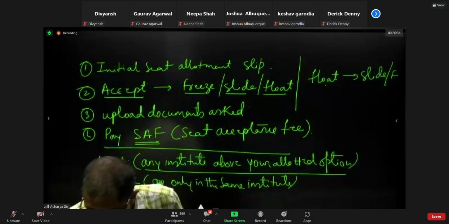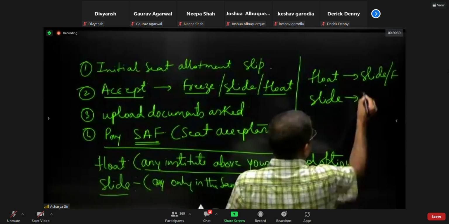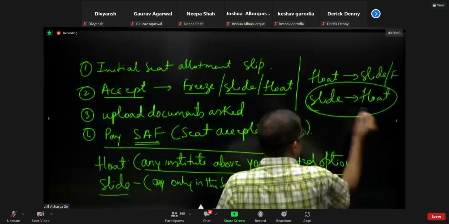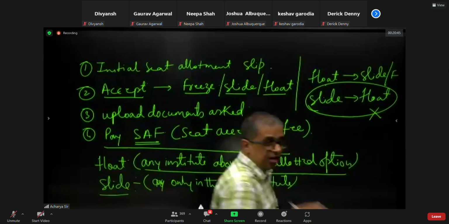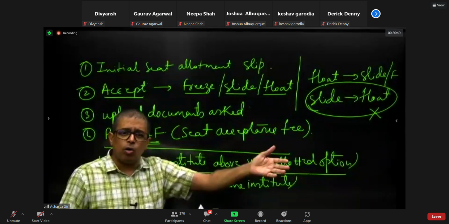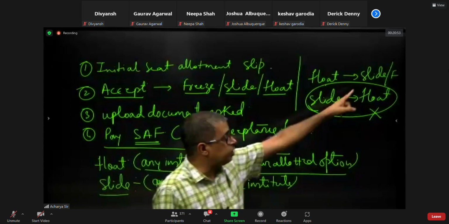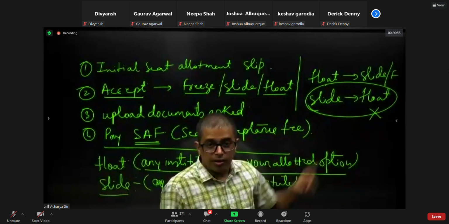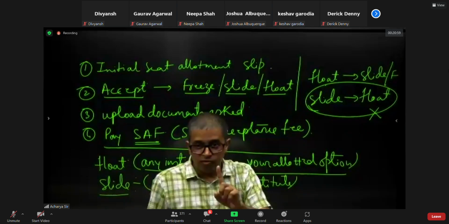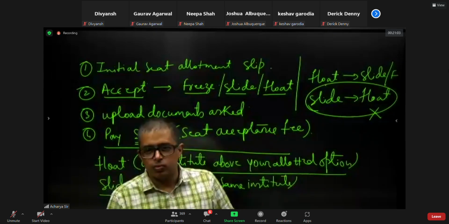But I can never go from slide to float. Slide to float, I will not be permitted to change. If I opt for float anywhere down the lane, after the third round, I can change my option to slide. But if I take the option of slide, from there, you can only freeze.